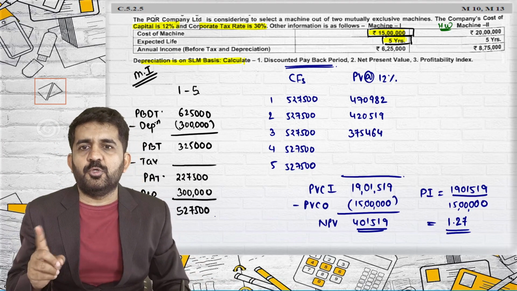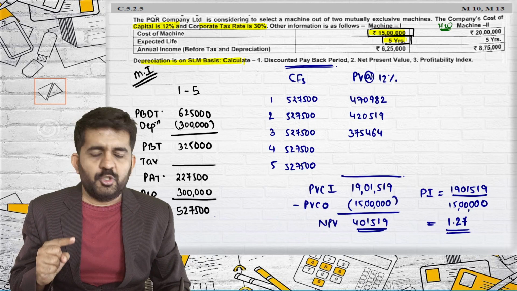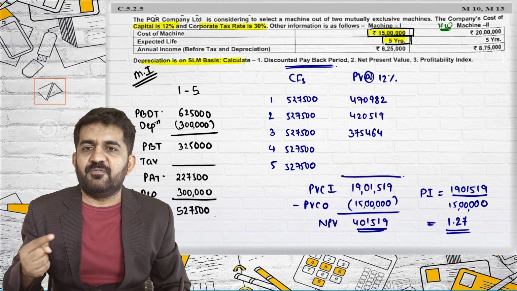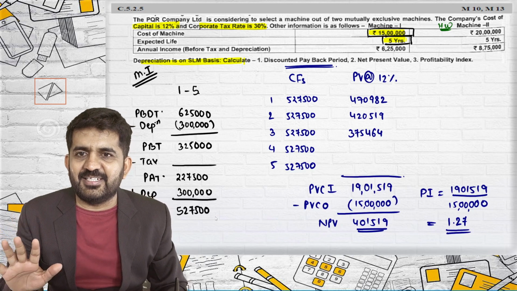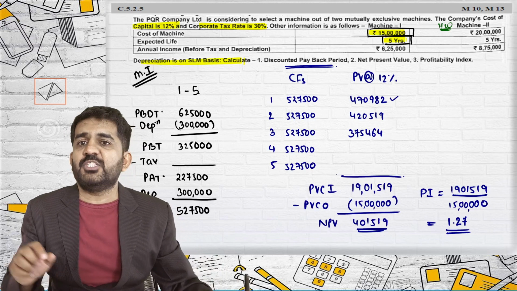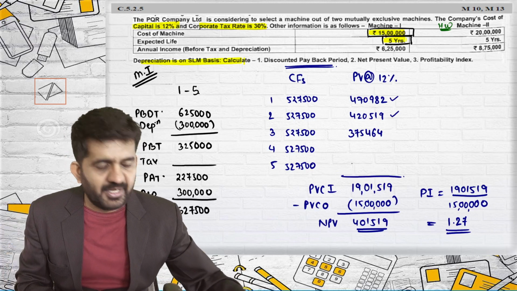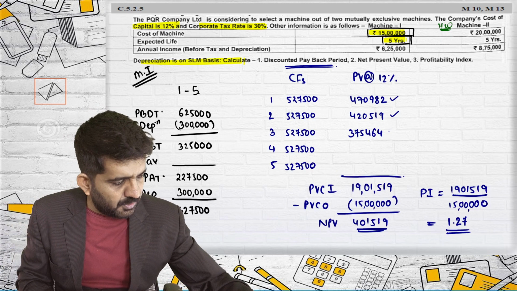How are you doing it? You should not do like me. What you should do? 527,500 divided by 1.12. Keep your calculator as it is and write down the figure 470,982. Press one more time equal to and write down this figure. Press one more time equal to and write down this figure.